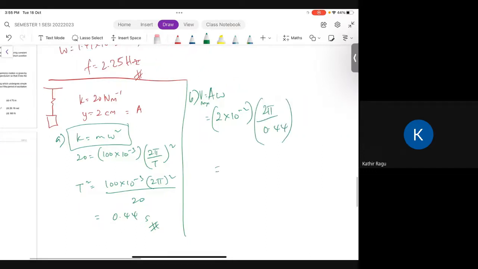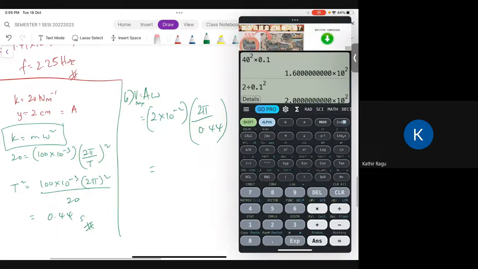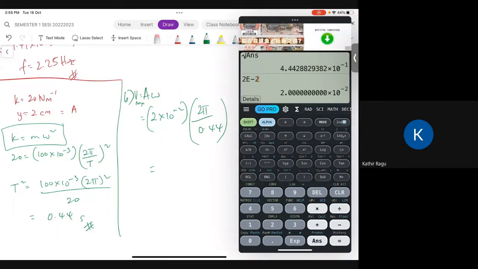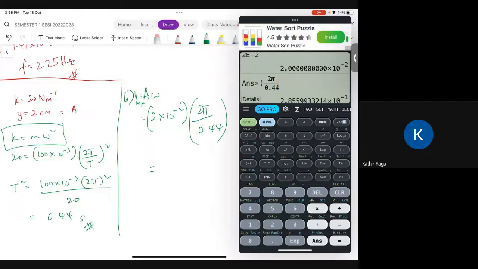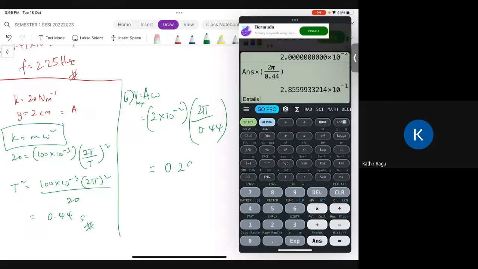So you can get the value of V max. So 2 times 10 power of negative 2 times 2 pi divided by 0.44. So your answer is 0.29 m s negative 1.